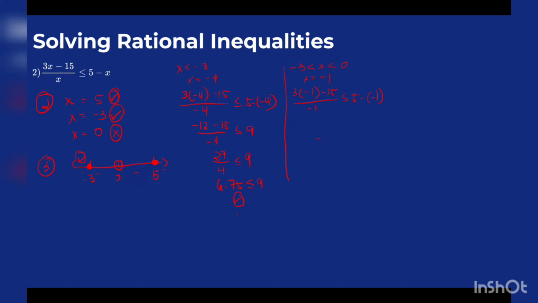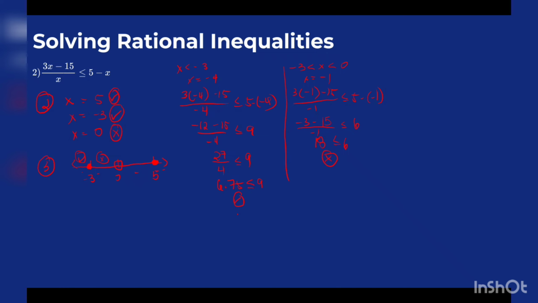Simplifying, 3 times negative 1 is negative 3 minus 15 all over negative 1 is less than or equal to 5 minus negative 1 is 6. Negative 3 minus 15 is negative 18. Negative 18 divided by negative 1 is positive 18. Positive 18 is less than or equal to 6 is not true. So this is not part of our solution.